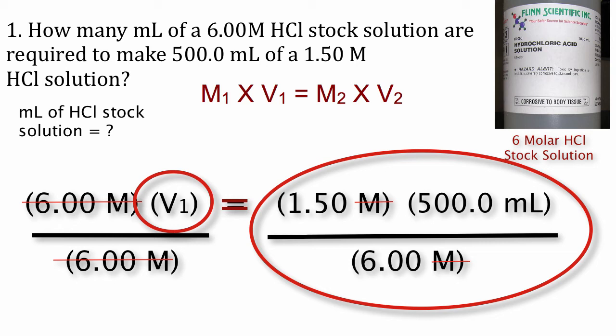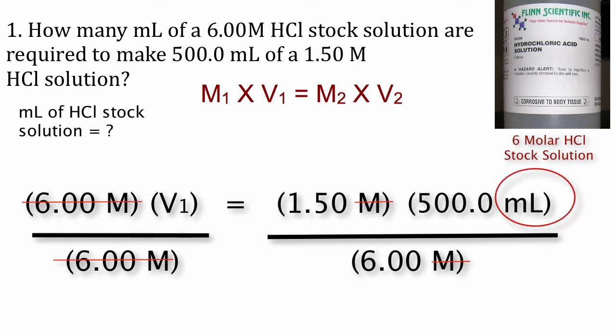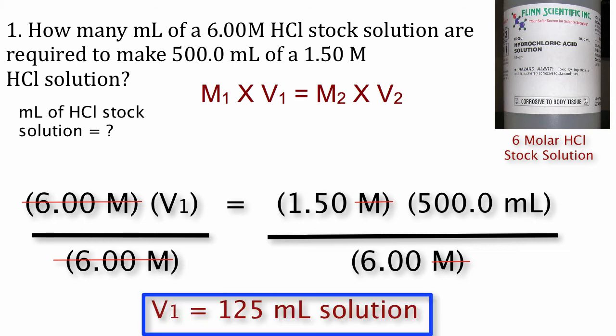And because our units of molar cancel out, we are left with units of milliliters. So the value of 6.00 molar HCl required in this problem is 125 milliliters.